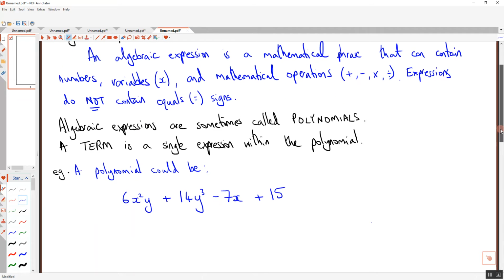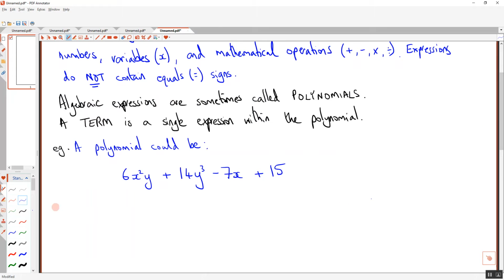Okay, that's just a random example of a polynomial, okay? And we said a term is a single expression within the polynomial.